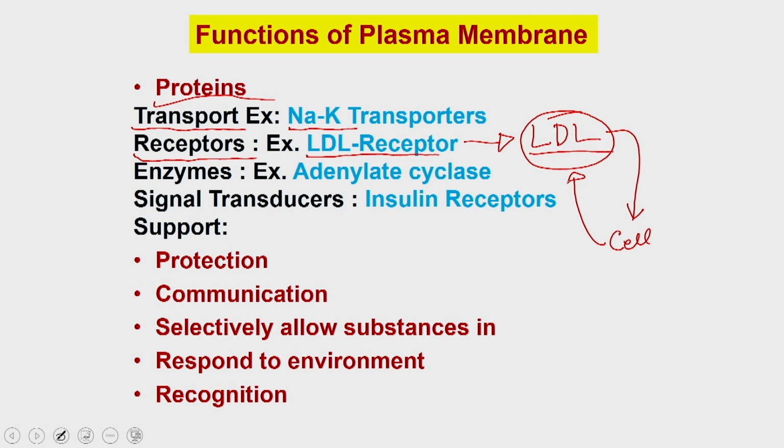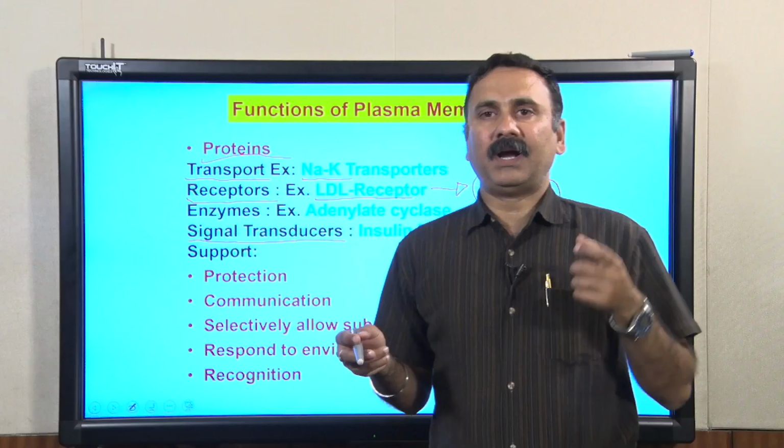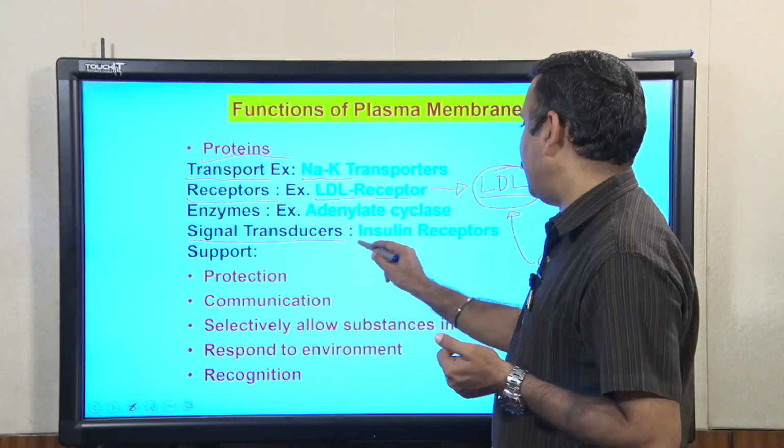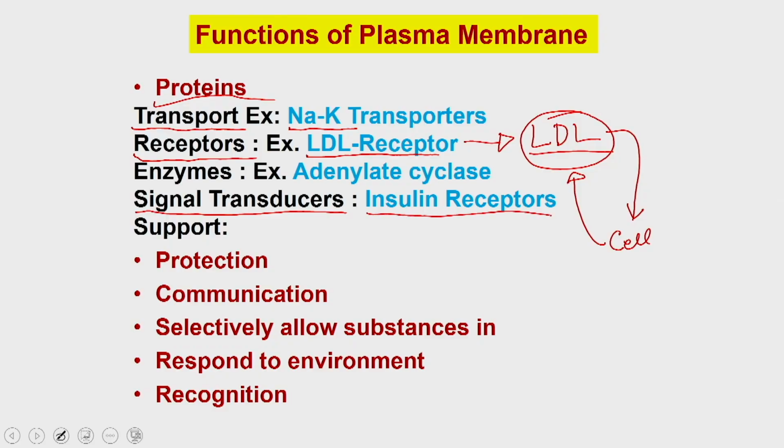Apart from the receptors which are important for uptake of food particles, you also have receptors which do signal transduction, relaying the signal exerted by extracellular agonist molecules. One such classical example is the insulin receptor, which works when insulin is present outside.